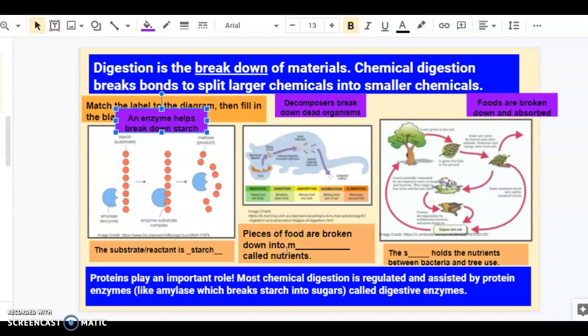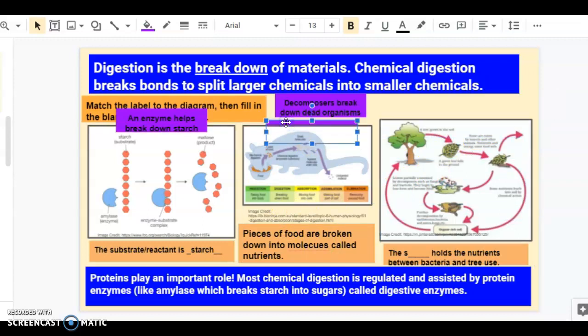What does that M stand for? Molecules. And this diagram is showing foods being broken down and absorbed.